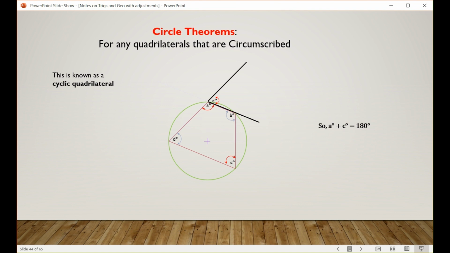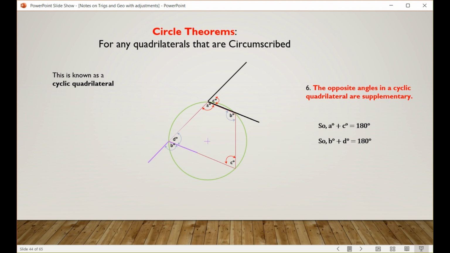Let's now do the same thing for B. We have 2 purple lines showing the amount of turn at B. If we slide it across, or translate it, and then turn it, or rotate it, we will see the same angle B come across. So B plus D will also give us a straight line of 180 degrees.